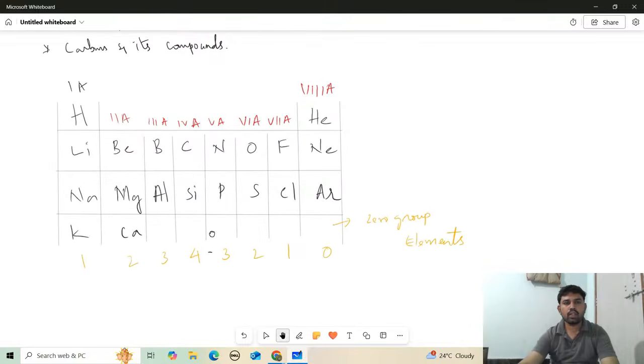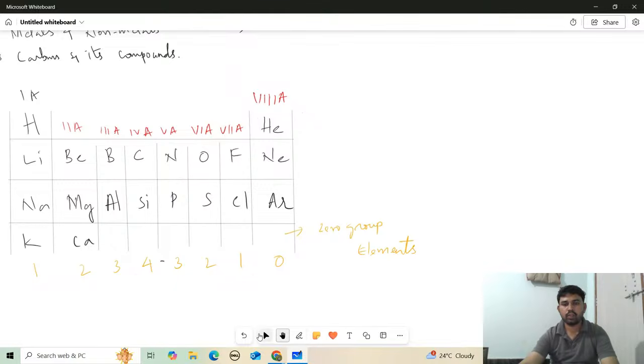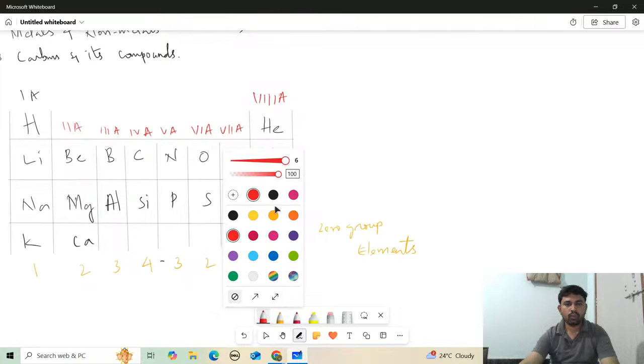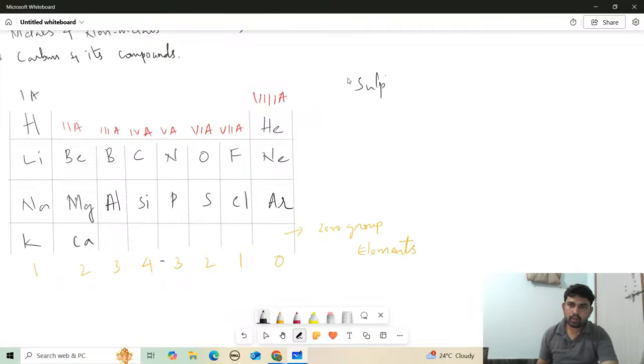Along with this, you should know some ions also. Which ions? We have the sulfate ion, which is represented as SO4 with charge -2.